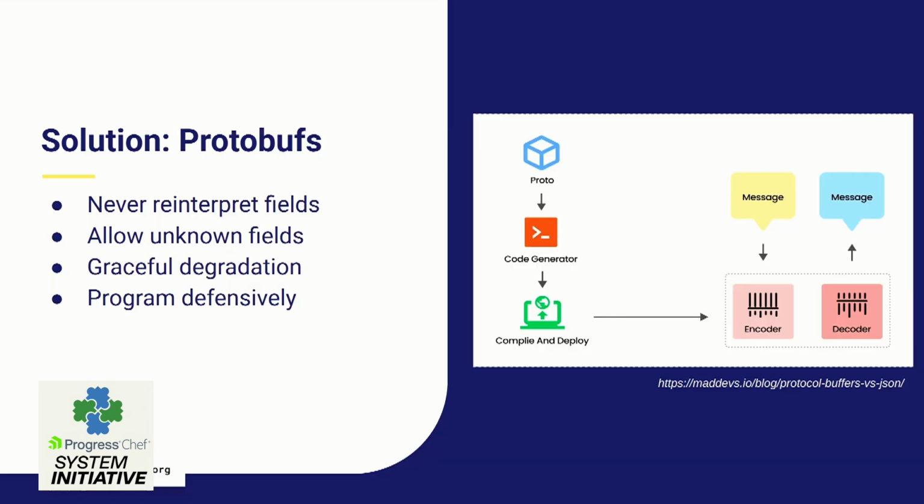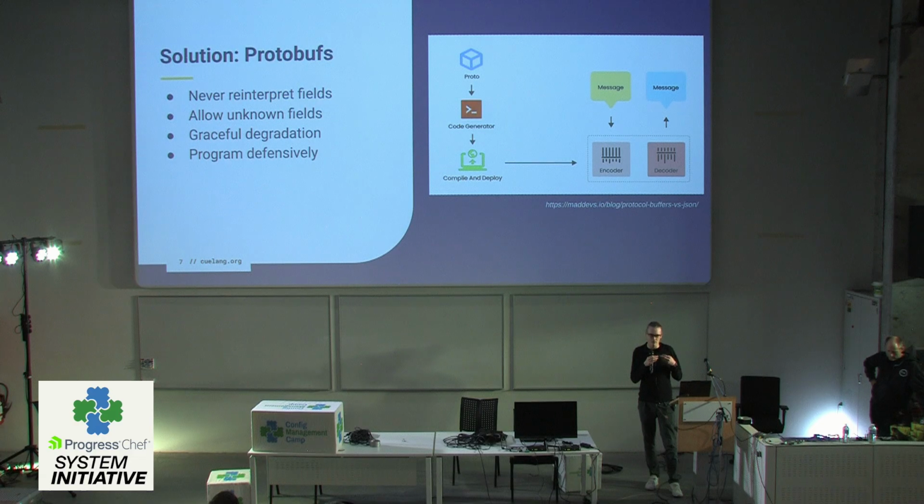So what is a common solution? It's one of many solutions, but it's typically used: protobufs. The idea is that you never reinterpret fields. Once you say this field or this number is reserved for a certain functionality, you never change that, never reuse it. And you make services allow graceful degradation.